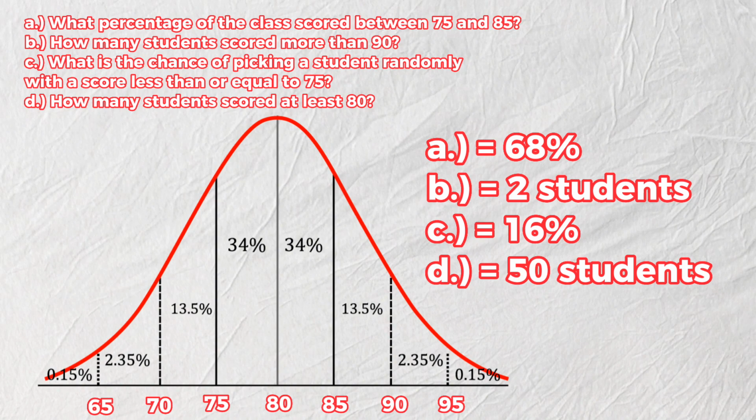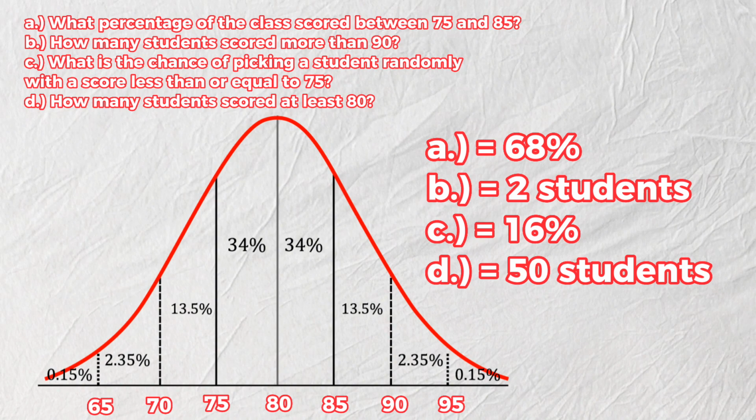Moving on, the chance of picking a student randomly with a score less than or equal to 75 is 16%. Just add up the percentage of intervals of scores equal to 75 or less than 75. 13.5% plus 2.35% plus 0.15% is equals to 16%.